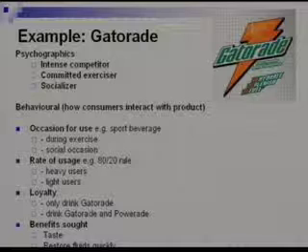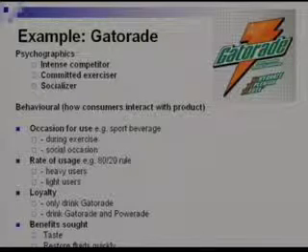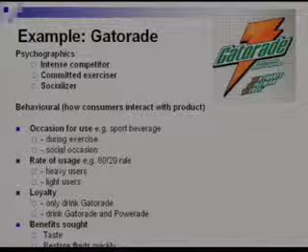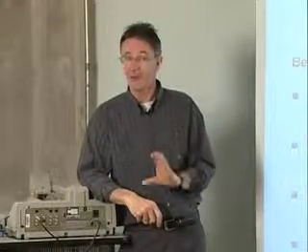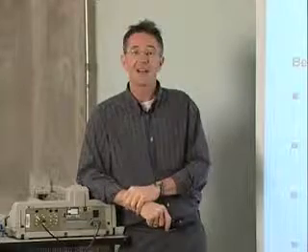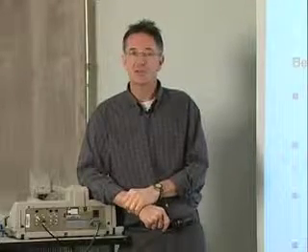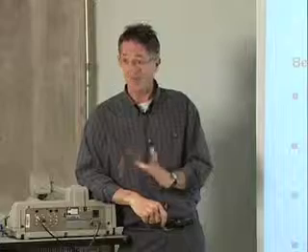They have, first of all, the intense competitor, those that spend a lot of time involved in sports, that are very serious, that train very heavily. For these consumers, they develop the powder Gatorade product because these people are mixing it up and using a fair amount of it. We then have the committed exerciser, those that are fairly serious about their exercises.